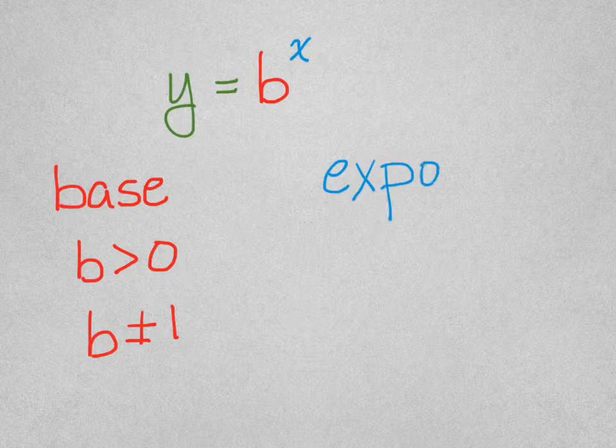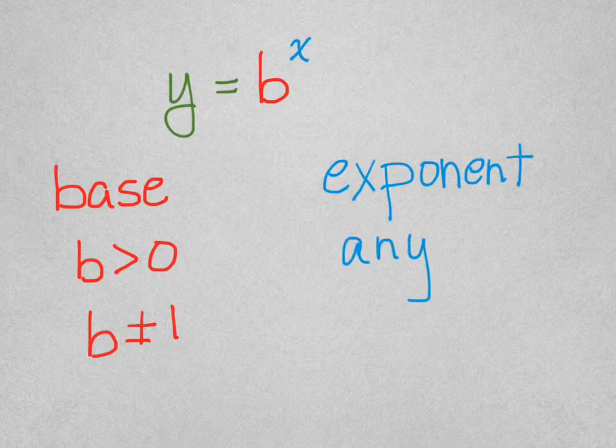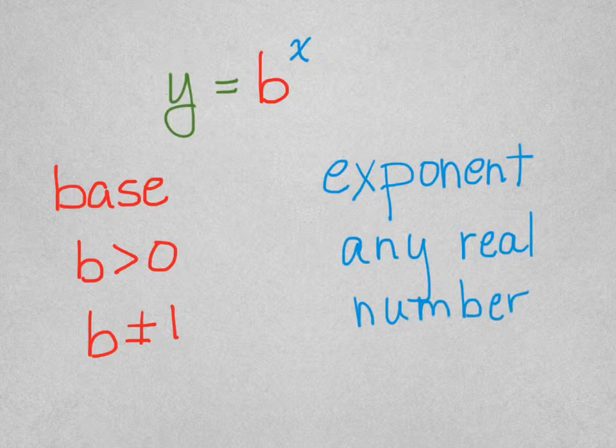The x is the exponent in the problem, but the exponent can equal any real number. So while the base must be a positive value and cannot equal 1, the exponent can be any real number.